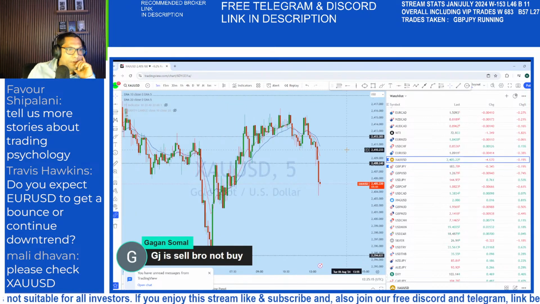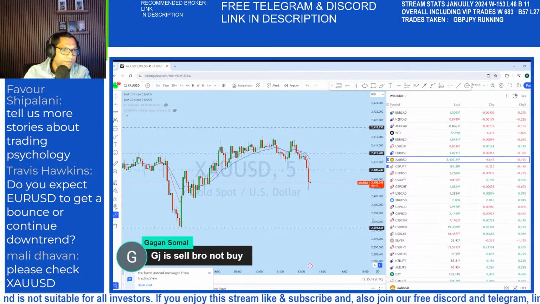Now gold opened with a gap with a long wick at the bottom.